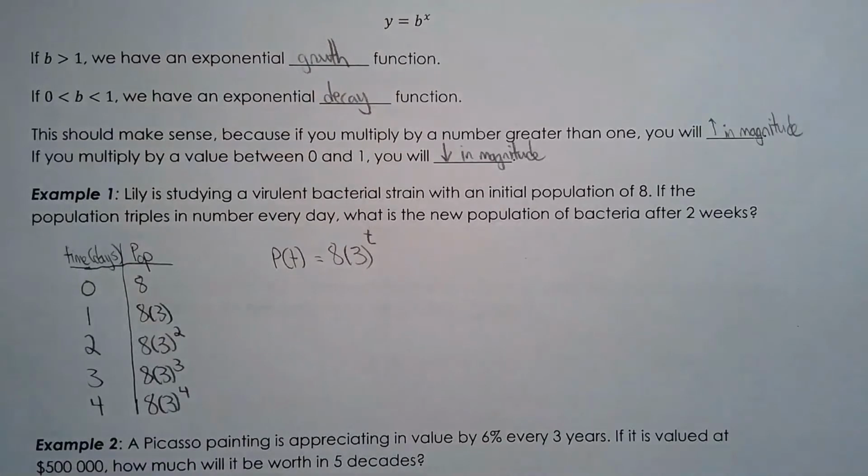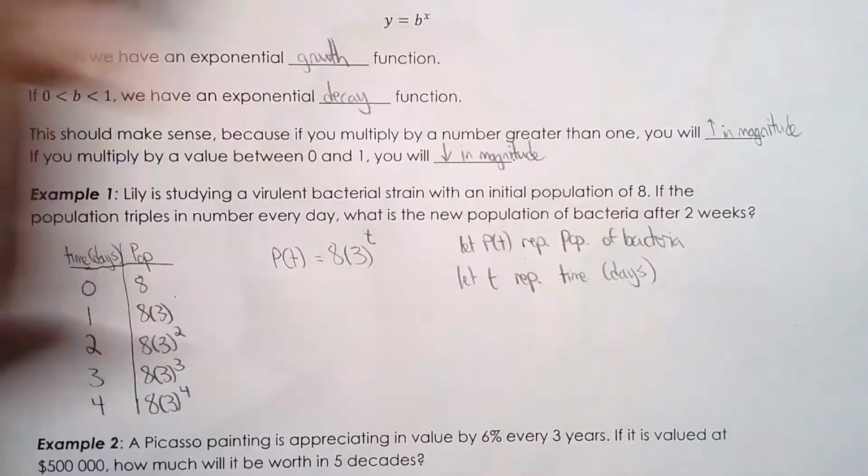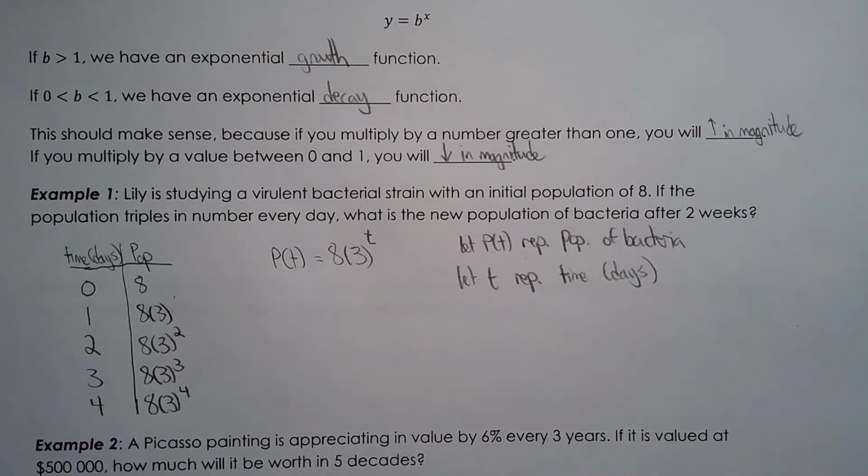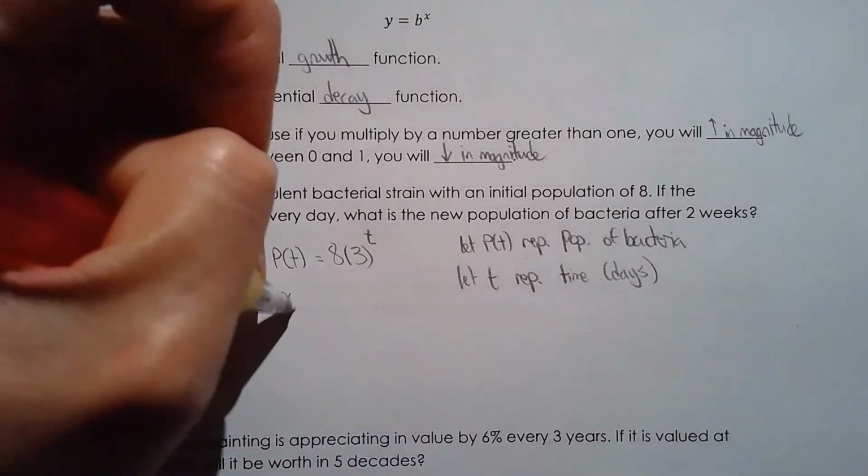So let P of t represent the population of bacteria. Let t represent time, and that's in days. Okay, so after 2 weeks, you're finding P of 14, right?